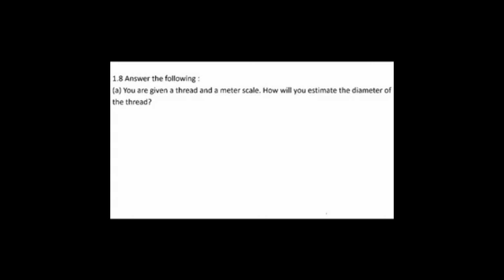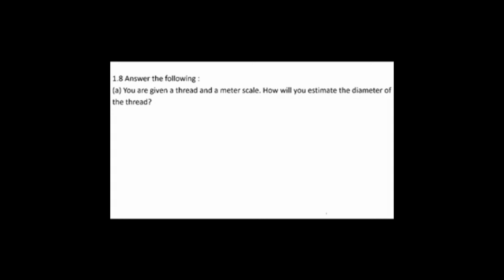In order to take a measurement in such a case, we would like to increase the magnitude of the physical quantity so that it can be measured accurately by the meter scale. One method would be to wind the thread around a uniform cylindrical object, measure the length of the winding, and then divide by the number of turns made.